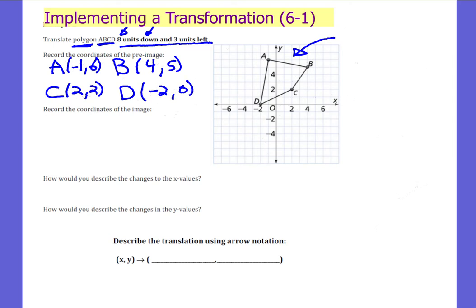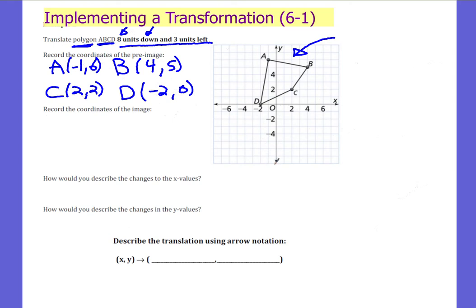And so now what we want to do is we want to translate now. So each one of these tells us to go 8 units down and 3 units left. So what I'm going to do here is I'm just going to go through piece by piece, and I'm going to translate each one 8 units down, 3 units left. So we'll start with D right here. So let's go 8 units down. It starts at 0.